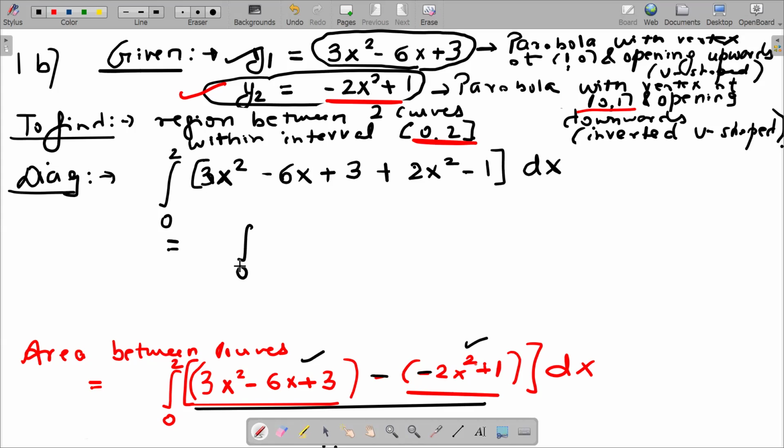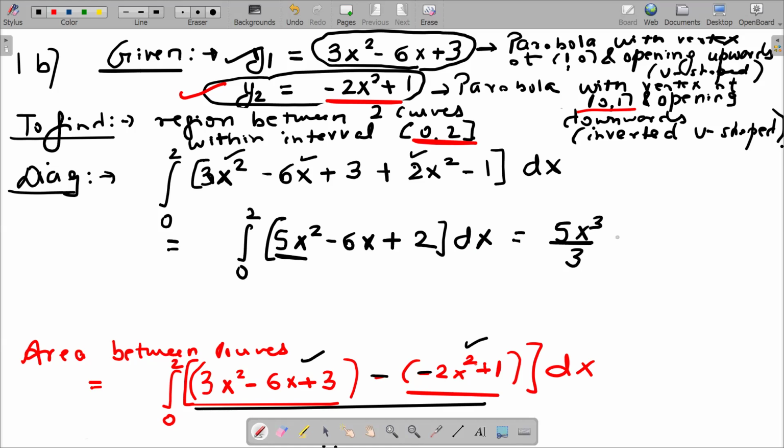This is going to be integral 0 to 2, 3x square plus 2x square is 5x square, minus 6x, plus 3 minus 1 is 2. Okay, integral of 5x square is 5x cube by 3. Integral of 6x is 6x square by 2. Integral of 2 is 2x.